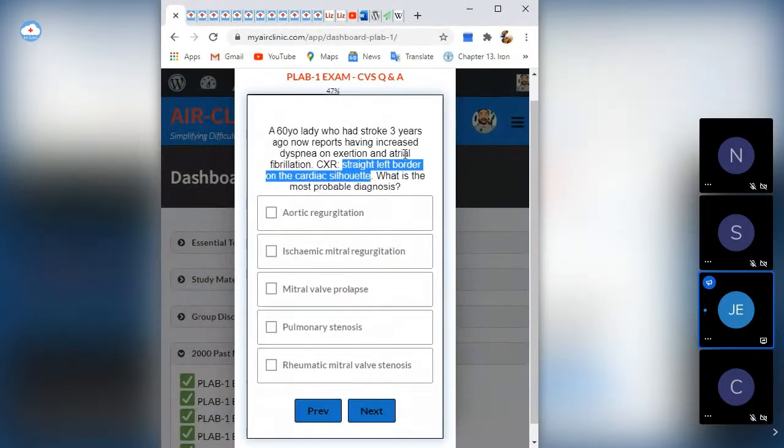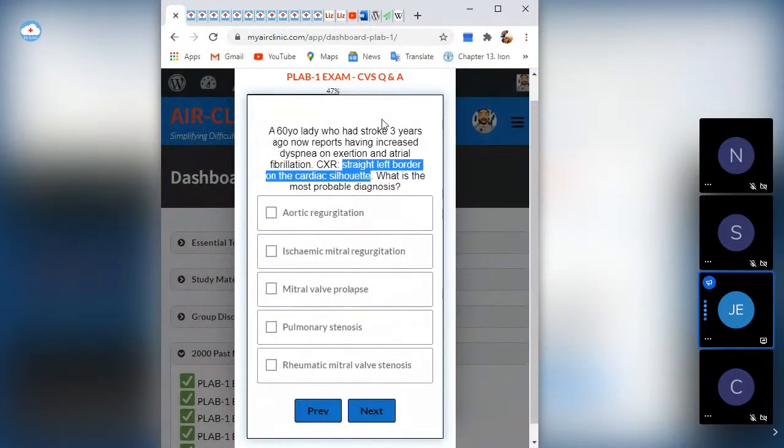No, yeah, you're guessing. All right. So it's supposed to be slanted this way, but in this condition, it now becomes straight. Sarah, you're guessing. So there's straightening of the left cardiac border. What do you think would cause straightening of that left cardiac border?